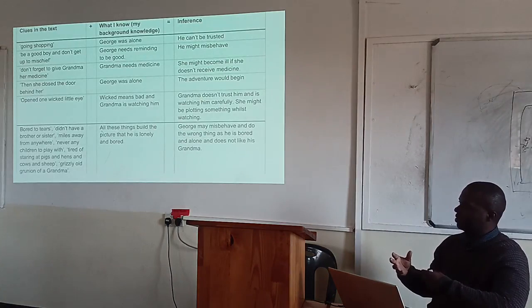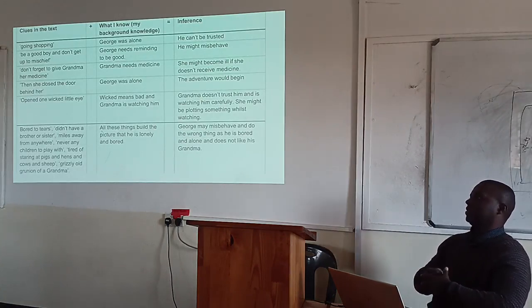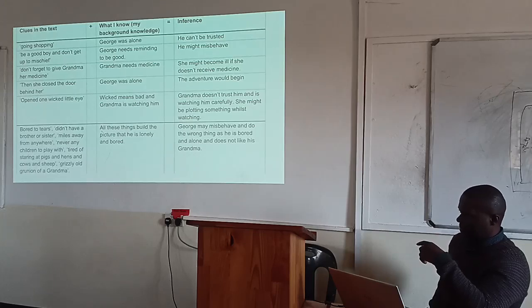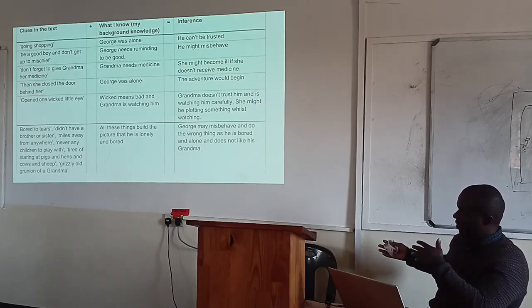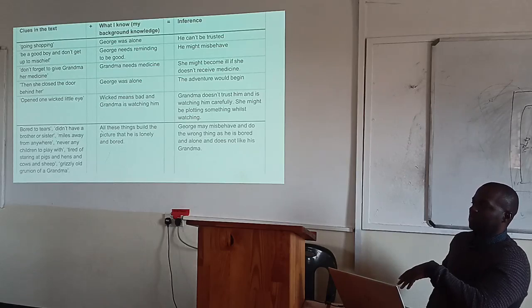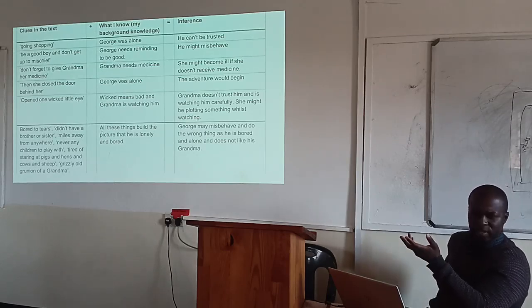When someone says you need to make an inference when you are reading, I believe we understood what they are talking about, right? With what I've talked about. Is there anyone who is confused with what I'm saying? If I say, when you say an inference, what are you talking about?